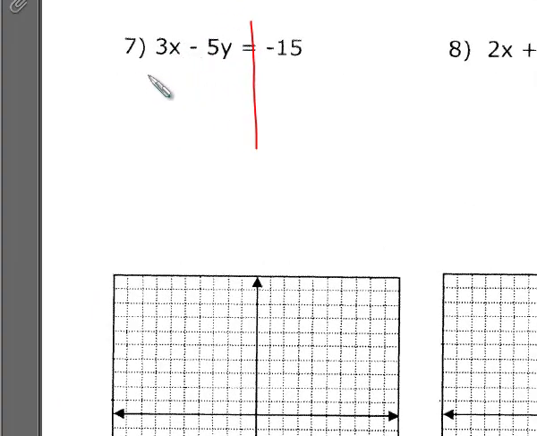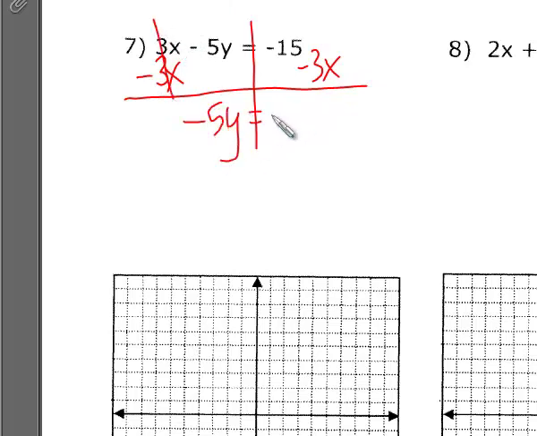So I'm going to subtract 3x, subtract 3x. Then those cancel, and I have negative 5y equals negative 3x minus 15. Now, I have a negative 5 times y, so I need to divide by negative 5. If I do that on the left, I have to do it to everything else.